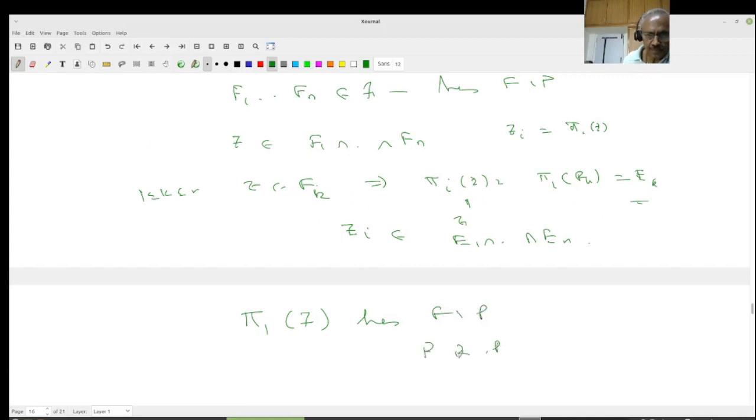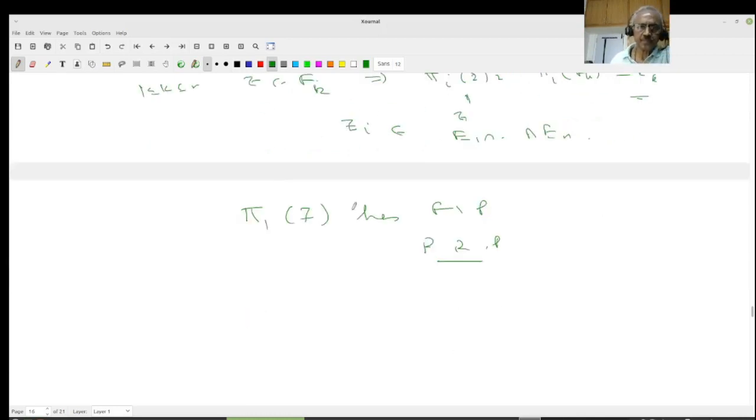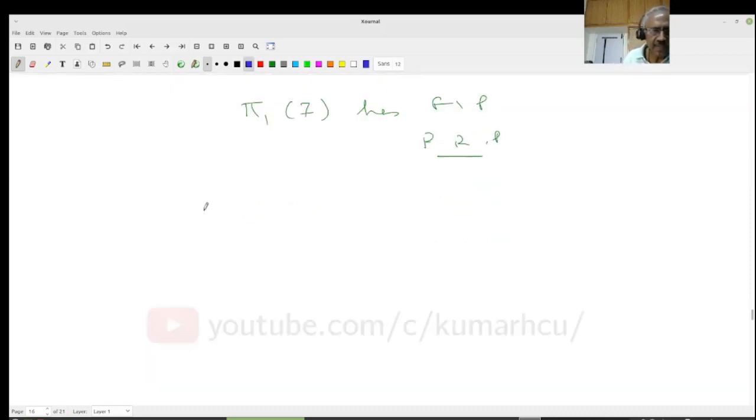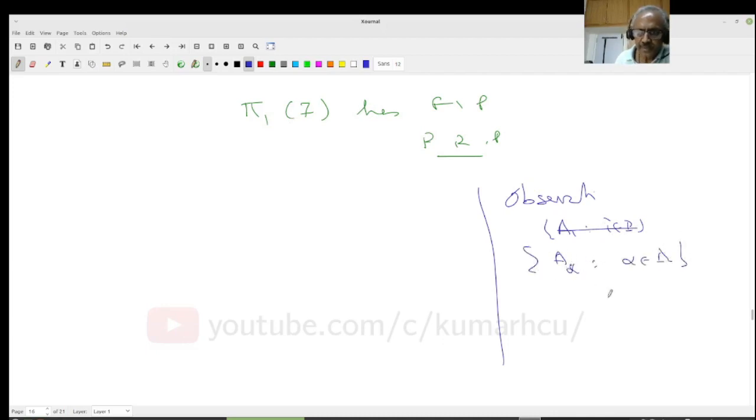Okay, pause, review, proceed. Now this is a very simple observation. Suppose a family A_alpha, alpha varies over an indexing set Lambda, has FIP, and you assume A_alpha is contained in B_alpha for each alpha.